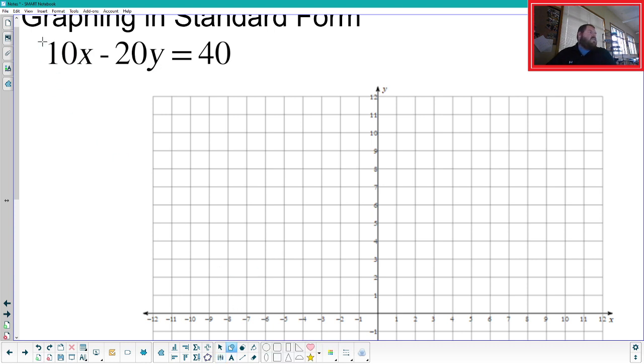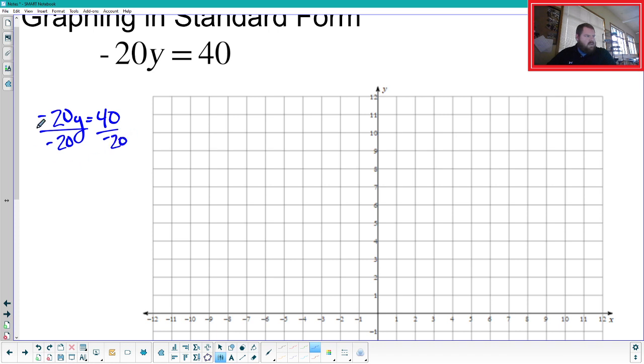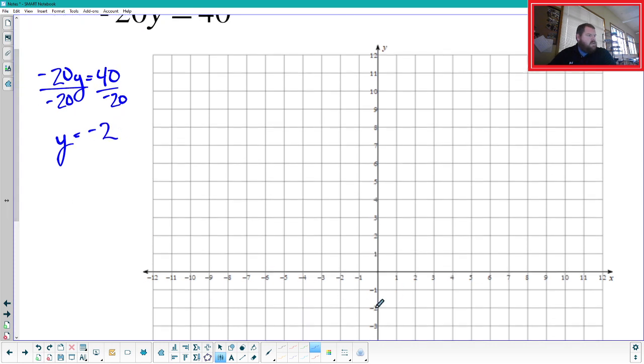Because even though I have some big numbers here, when I cover up the x, I get negative 20y equals 40. And when I divide both sides by negative 20 to solve for y, 40 over negative 20 is just negative 2. So I get a y-intercept at negative 2.